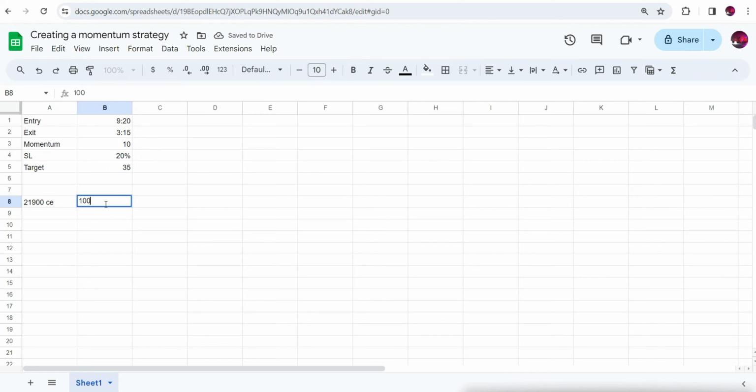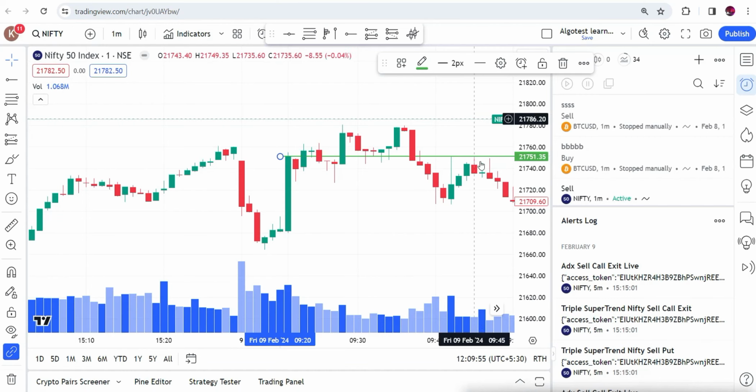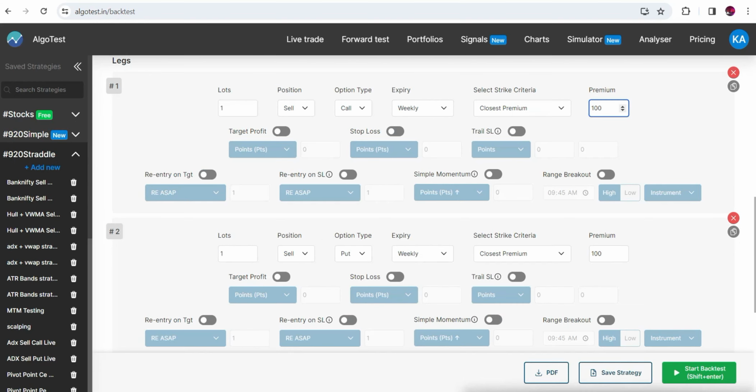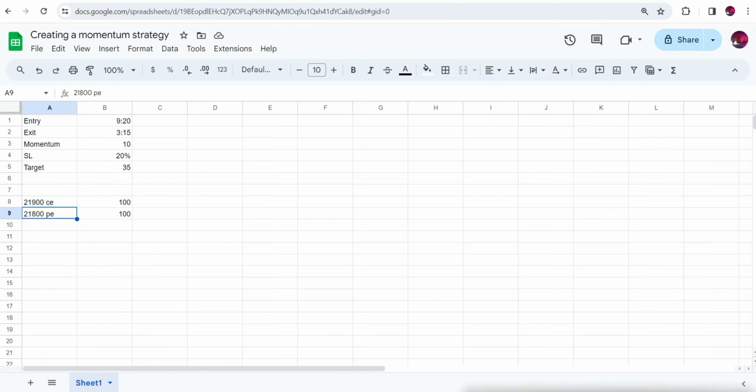So it will select the strike 21,900 call. Similarly, there is a strike 21,800 put whose premium was 100. So it will select that strike. So at 9:20 it will select these two strikes. Yeah, these strikes have a value of 100 rupees at morning 9:20.